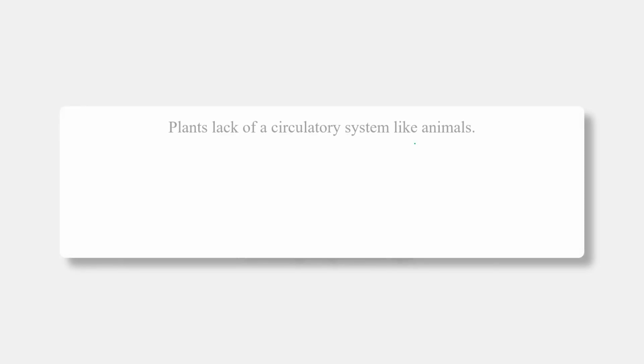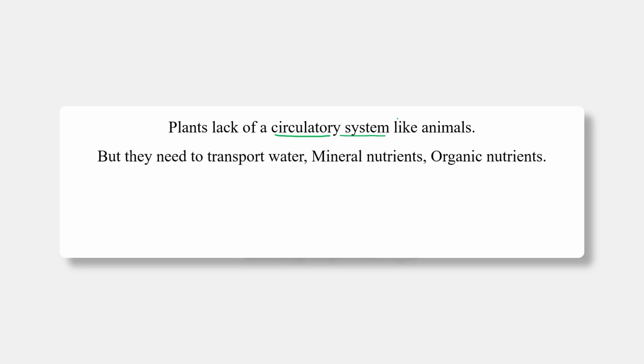Okay. So, as you know, plants don't have any circulatory system just like animals. But they also need water. They need sunlight, right, to synthesize their own food and also to transport that synthesized food to other parts of the plant body.